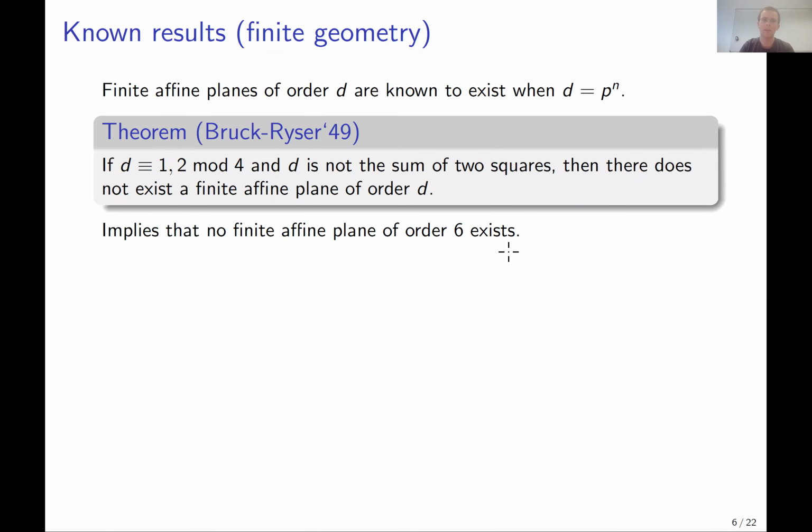There's this nice theorem of Bruck and Ryser, who showed that if the dimension is 1 or 2 modulo 4, and it's not the sum of 2 squares of integers, then there does not exist a finite affine plane of order D. In particular, this implies that no finite affine plane of order 6 exists, because 6 is not the sum of 2 squares of integers.